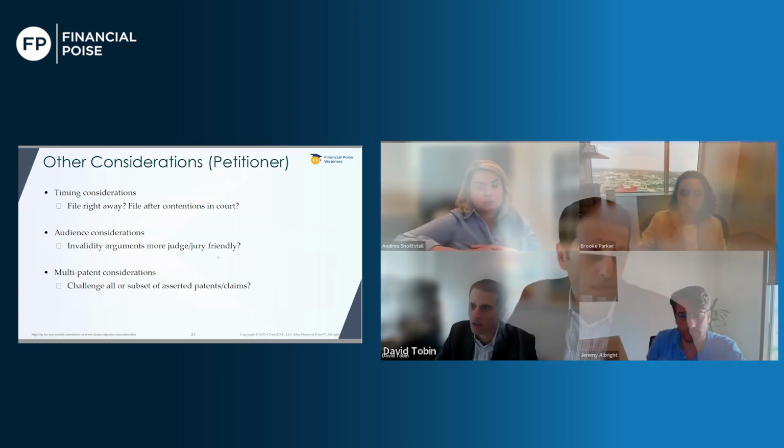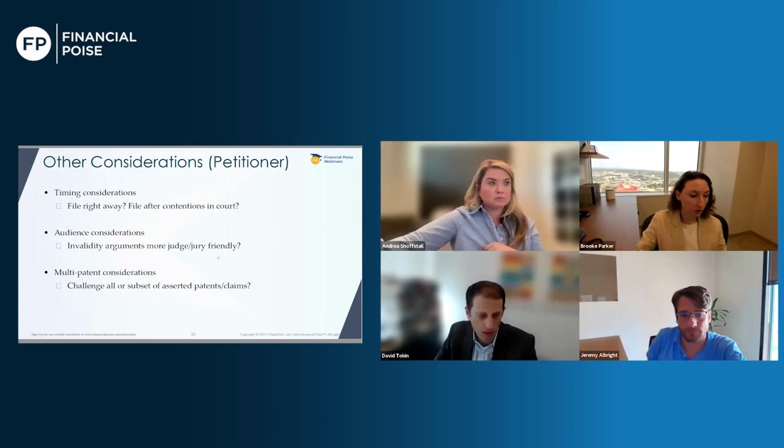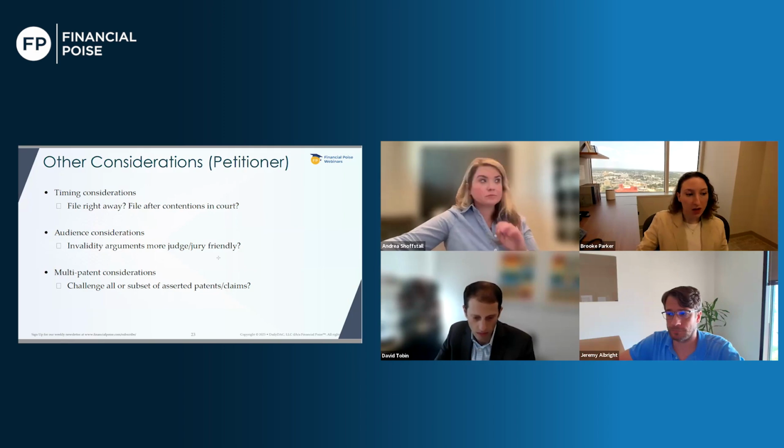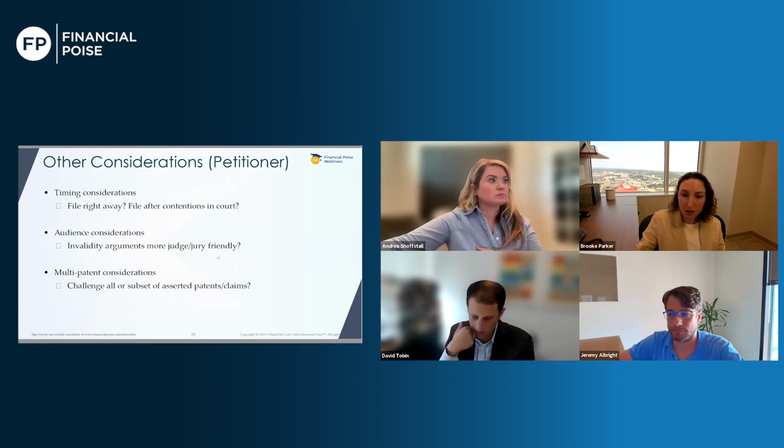So let's look from the petitioner's perspective, and then I think we'll look at those considerations from the opposite, from the patent owner's perspective as well. Sure. So I think one of the key considerations, especially after these new discretionary denial procedures that we've discussed earlier, is deciding on when is the right time to file.